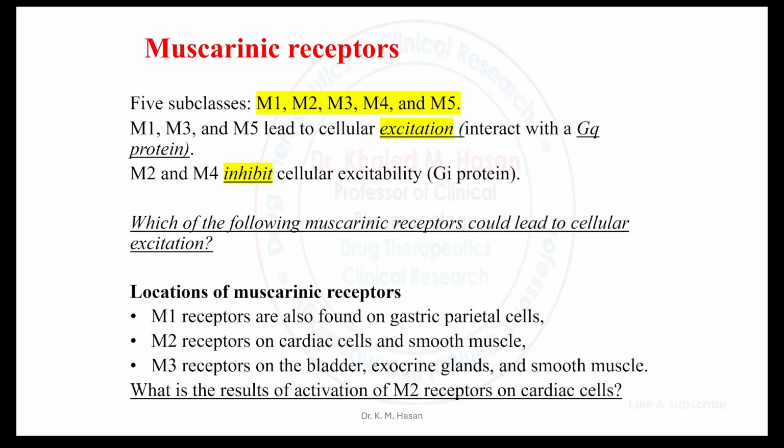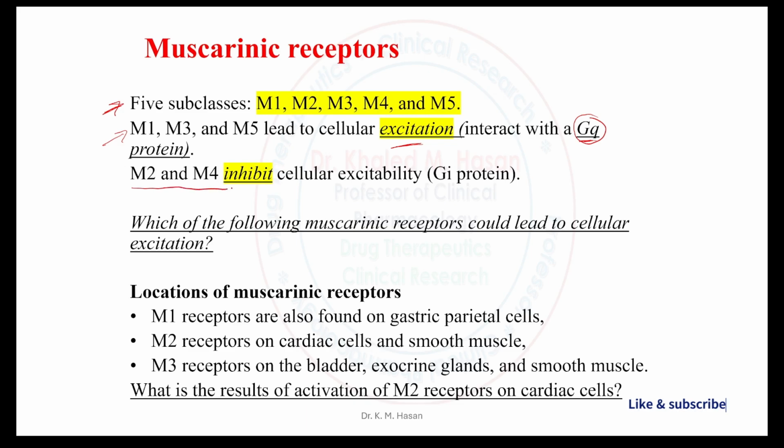Okay, speaking about muscarinic receptors, they found that we have five subtypes of muscarinic receptor: M1, 2, 3, 4, and 5. M1, 3, and 5 work on Gq, and this leads to the excitation or stimulatory effect.